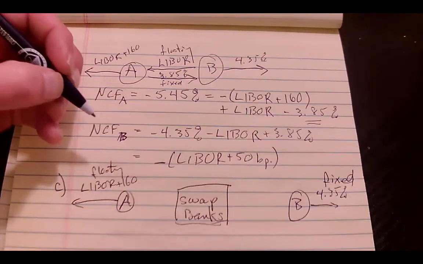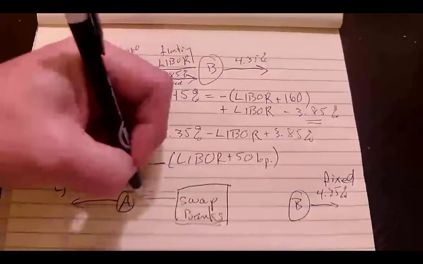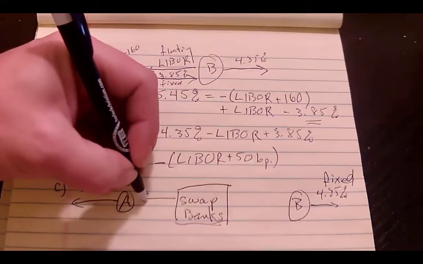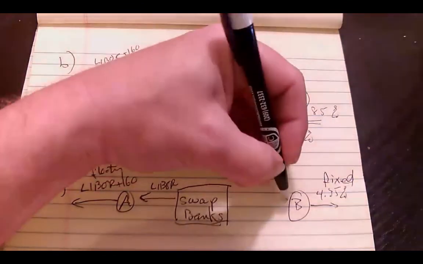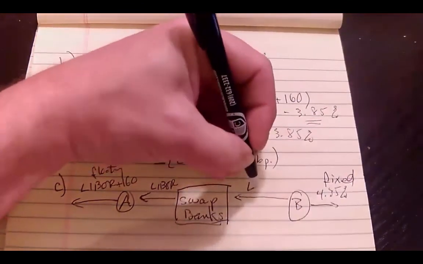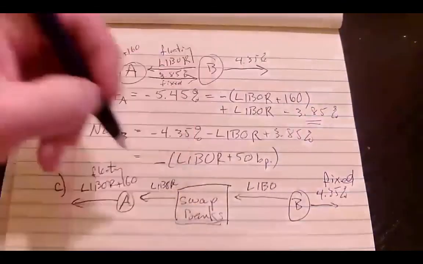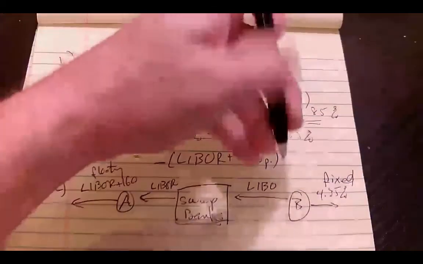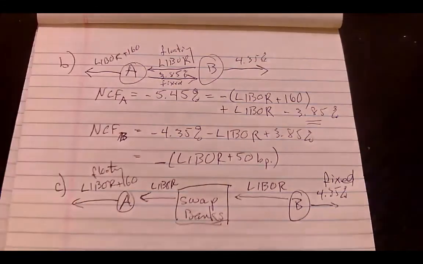And they're going to receive, just as before, LIBOR from their swap contract with the swap bank. And that's just being passed through. B is going to also pay LIBOR flat. There are going to be two swap contracts here, one between the swap bank and A, another between the swap bank and B. Both swap contracts are fixed for floating, LIBOR against some fixed payment.